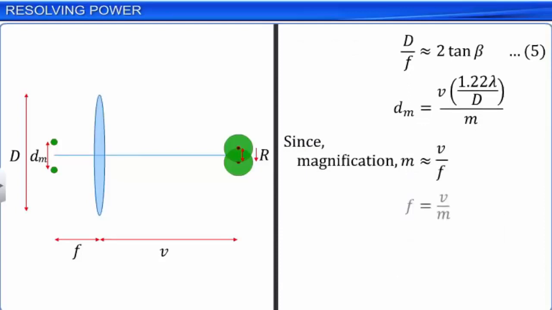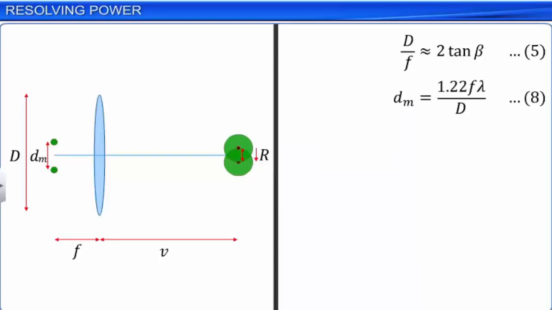Therefore, dm is equal to 1.22 f lambda by d. Let this be equation 8. From equations 5 and 8, we get dm is equal to 1.22 lambda by 2 tan beta. For small angles of beta, tan beta is approximately equal to sin beta.